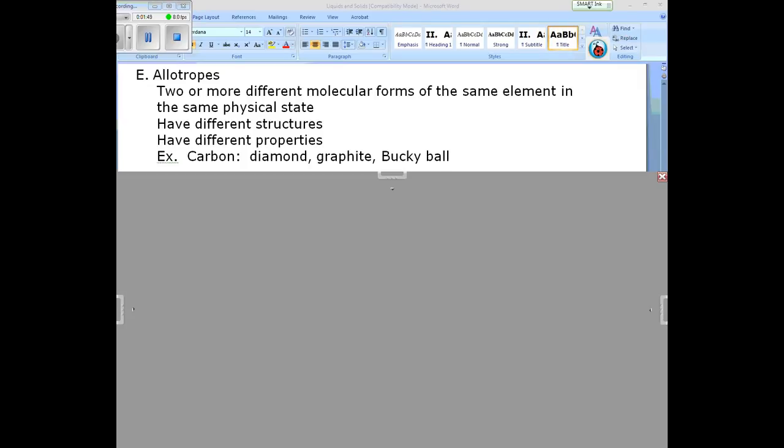And the sheets are just stacked on top of one another, only held together by intermolecular forces. That works out well when you're using a pencil because it leaves part of that graphite on the paper, although they are easy to break. I always break the pencil, especially those mechanical pencils. All right. Again, carbon, only carbon, but because they are bonded differently, they have very different properties.